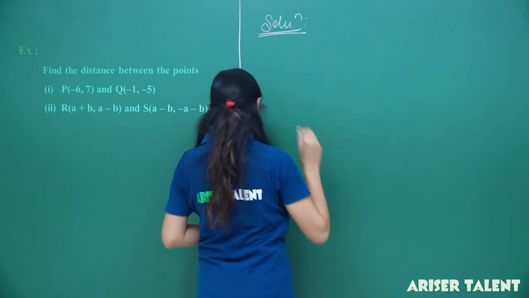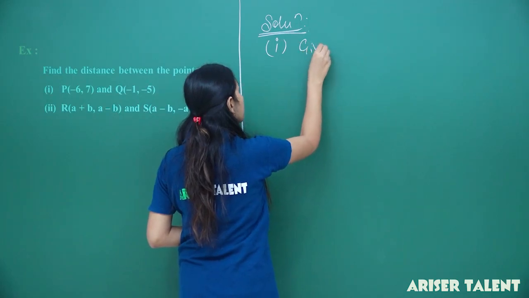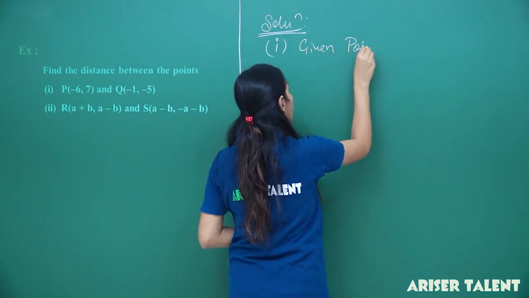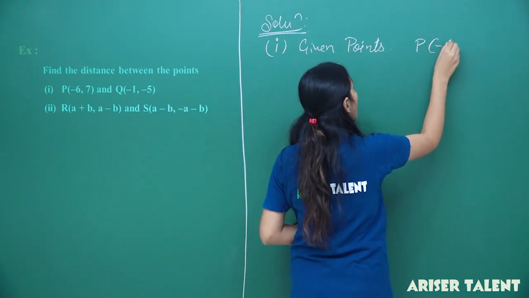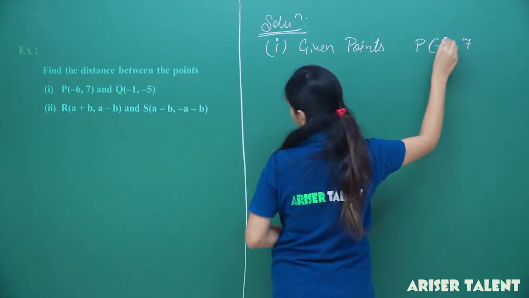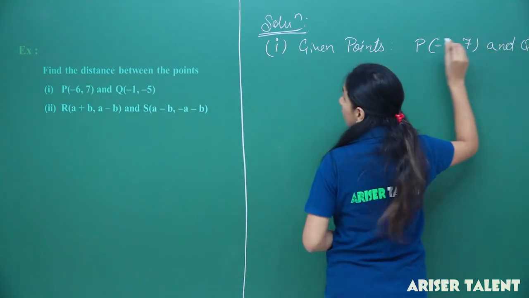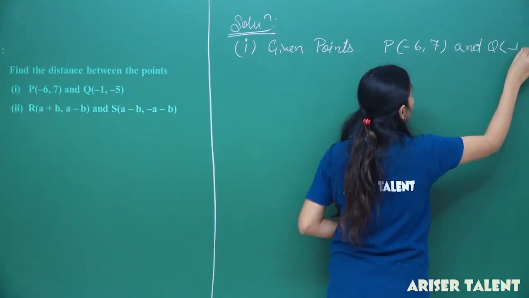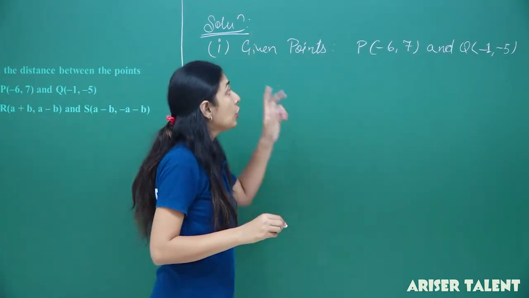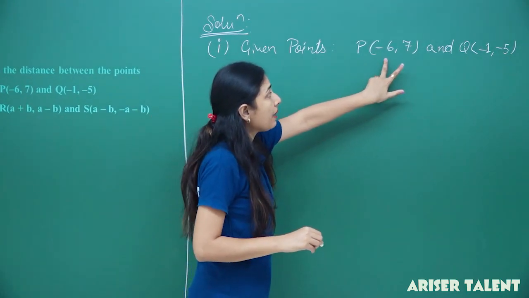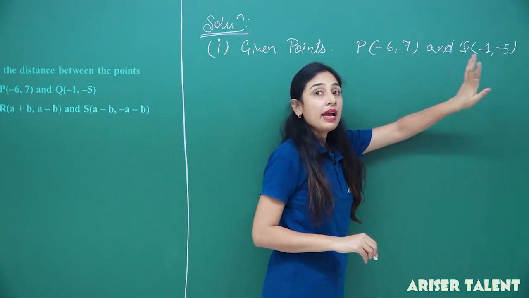Students, okay, so this is the first one. Given points are P (-6, 7) and Q (-1, -5). Two points are here: P (-6, 7) given, and Q (-1, -5) given.